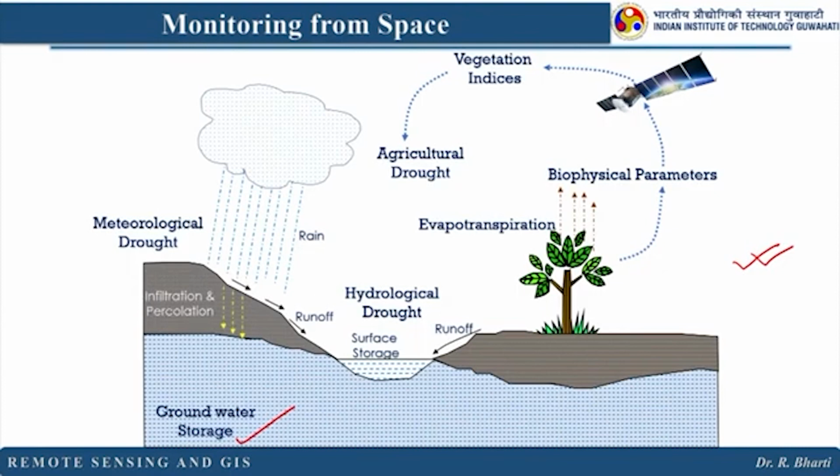This is for surface storage, then rain you can always estimate, then evapotranspiration, then different aspects like biophysical parameters, vegetation indices, agriculture drought, meteorological drought, hydrological drought. Such parameters you can estimate from remote sensing and GIS.